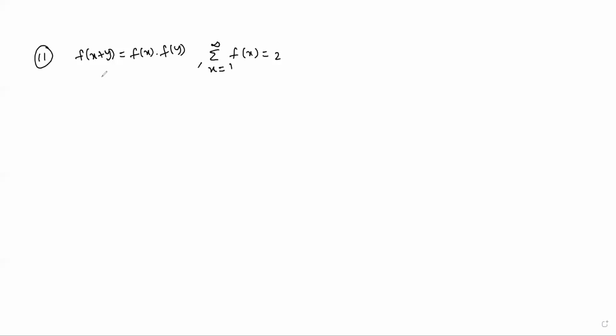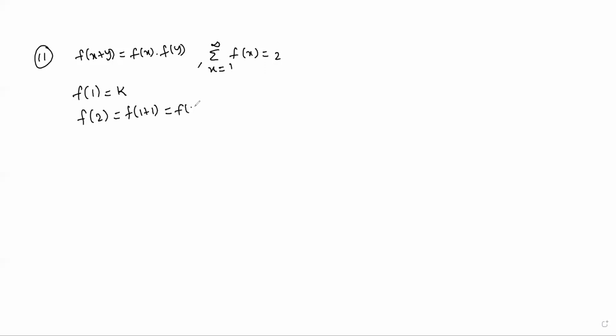Now, because I don't know the initial value, I'll assume f of 1 is some constant k. When f of 1 is k, f of 2 I can write as f of 1 plus 1. F of x plus y is nothing but f of x into f of y.